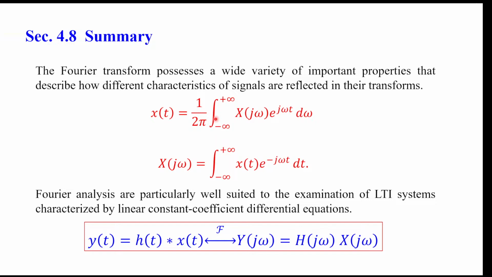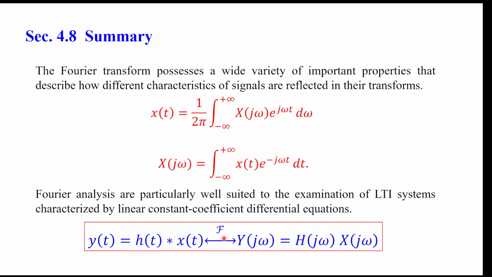You can transform back and forth between x of t and big X of j omega if the signal is nice enough such that the transformations are convergent. We also see that the Fourier transform is very useful for analyzing LTI systems because the convolution formula gives a very nice time domain and frequency domain relationship. In the time domain, your output is the convolution between your input signal and the impulse response.